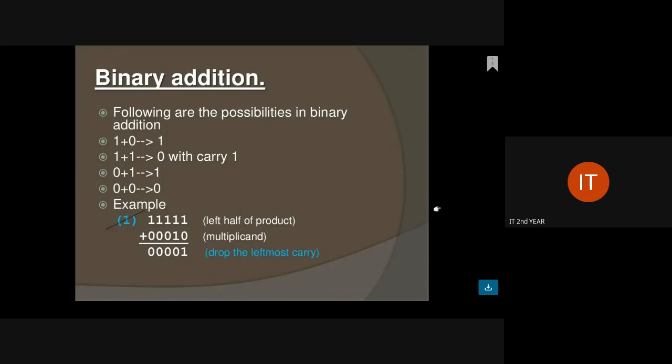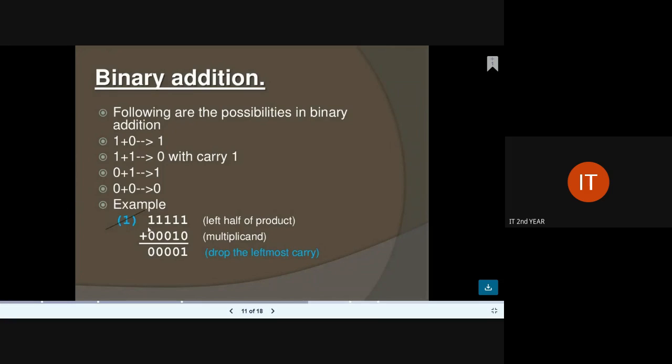The basic example we have represented here is triple one followed by double one, that is 1 1 1 1 1. This is the left half of the product, and we are going to deal with 0 0 0 1 0. We add both these values.